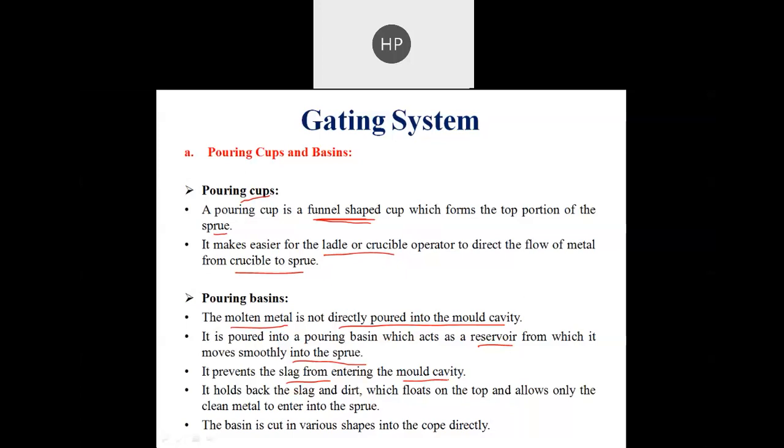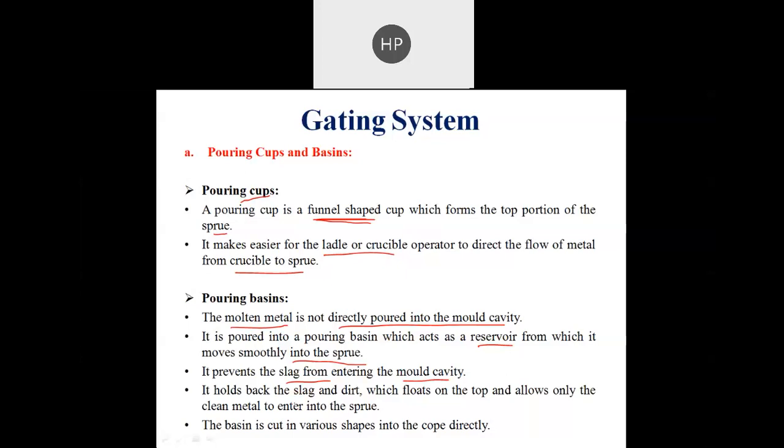If it goes inside, it may create some defects. So that's why we have to prevent that slag from entering the mold cavity, and it is prevented by the pouring basin.